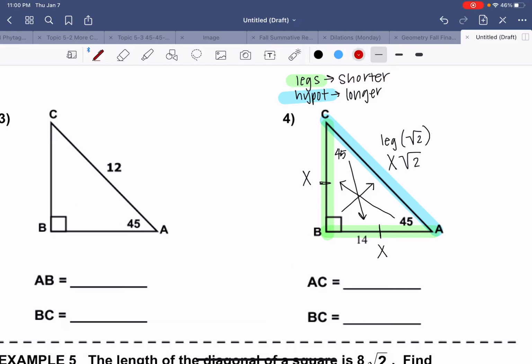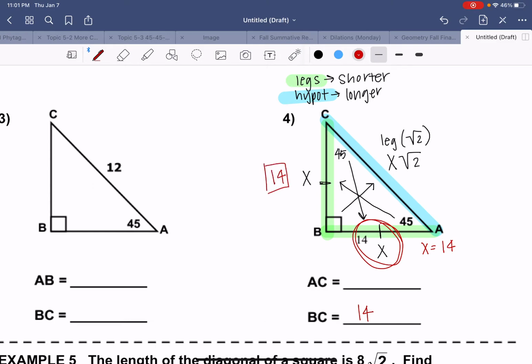So in this case right here, it says the leg equals, or X equals, 14. Well, backtrack, which makes BC our other leg, also 14. Okay?